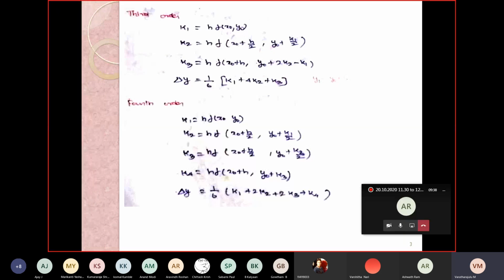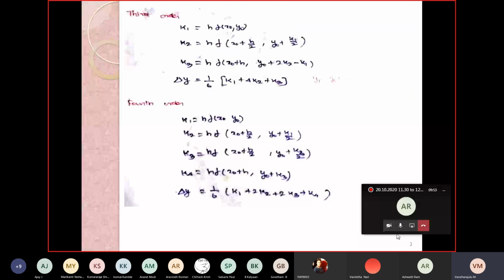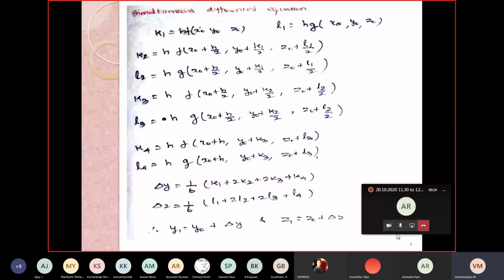Yes, what we have seen so far is the Runge Kutta method. We are in the second half of the fourth unit, and we have seen the basic formulas of the Runge Kutta method: the second order equations, the third order, and finally the fourth order, and simultaneous differential equations.